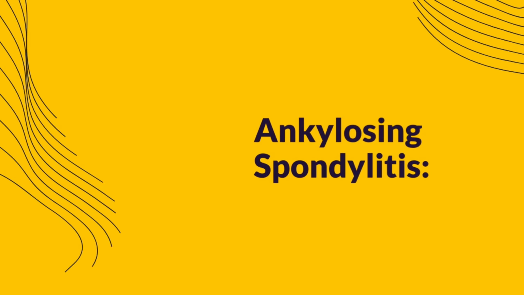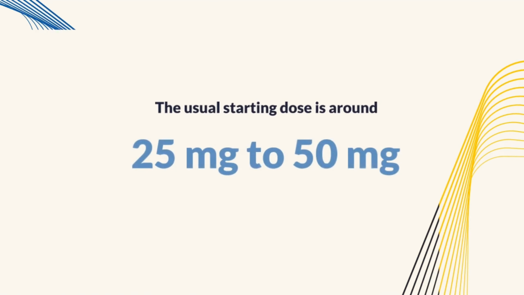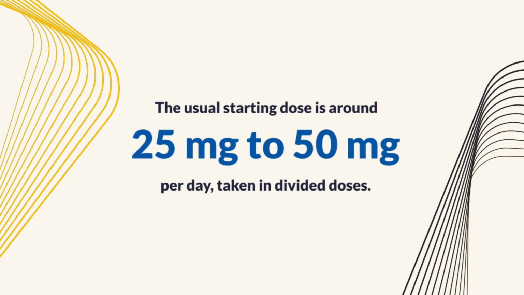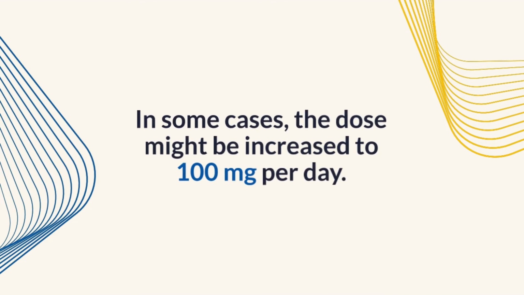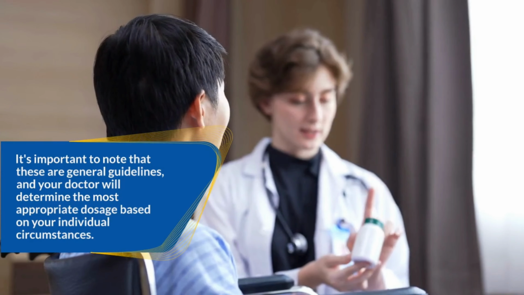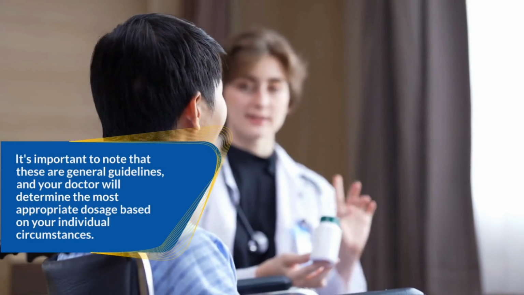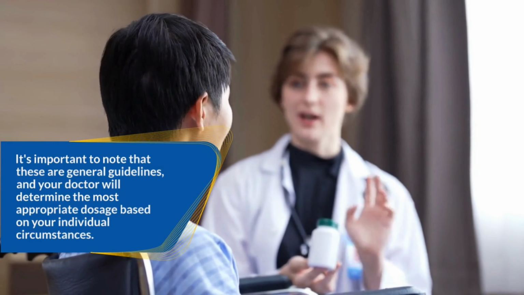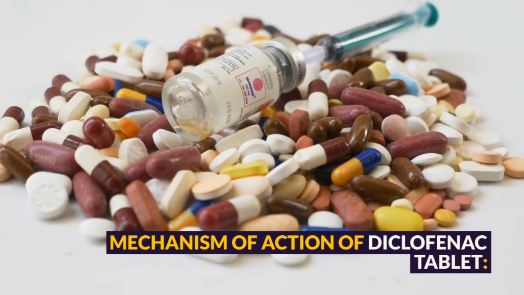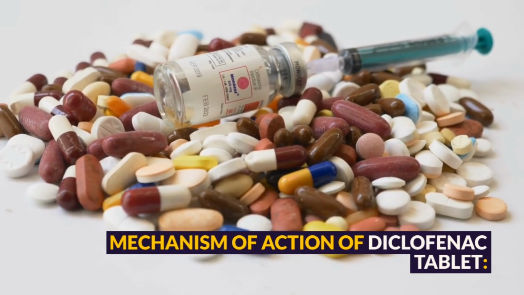For ankylosing spondylitis, the usual starting dose is around 25 mg to 50 mg per day, taken in divided doses. In some cases, the dose might be increased to 100 mg per day. It's important to note that these are general guidelines, and your doctor will determine the most appropriate dosage based on your individual circumstances.